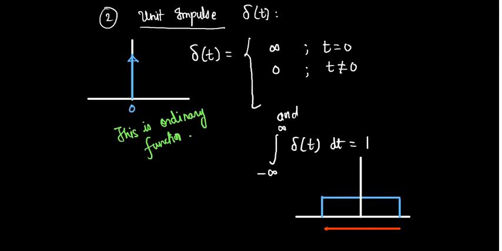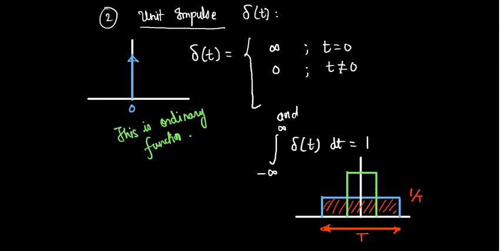So I'm saying that in order to get an area of 1, let's say this is defined like this: the duration is t, and let the height be 1 by t. Is the area 1 for this signal? I will modify this signal something like this. What should be the width and height?